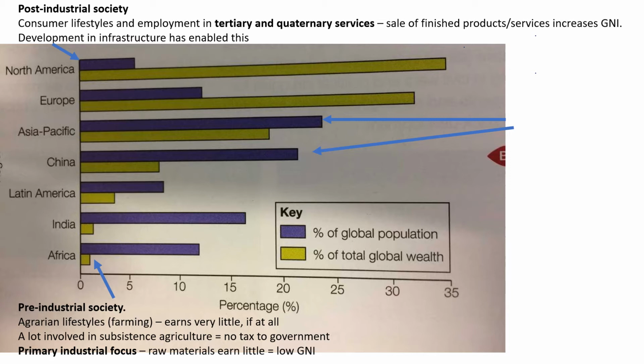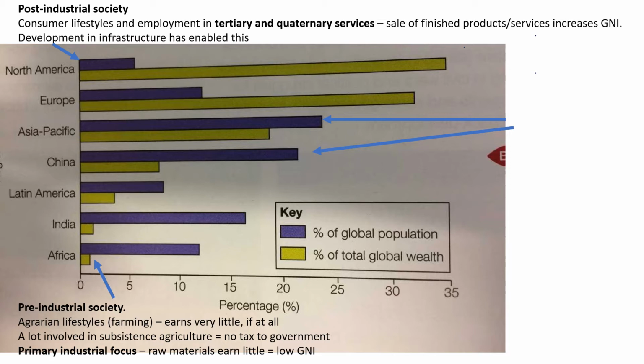So just to remind you, the tertiary sector is services, and quaternary industries are involved in research and development and very high-tech industries. So consumer lifestyles, as consumers, we spend a lot of money. We buy a lot of stuff, and that obviously makes a lot of money for a country. So we're selling as well. We're selling finished products and services, and that will increase the GNI in those continents.